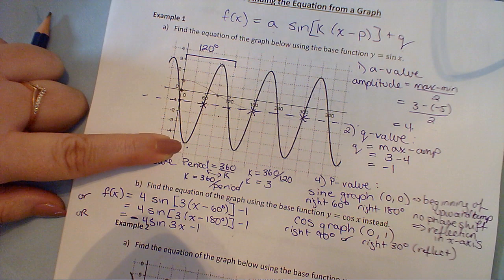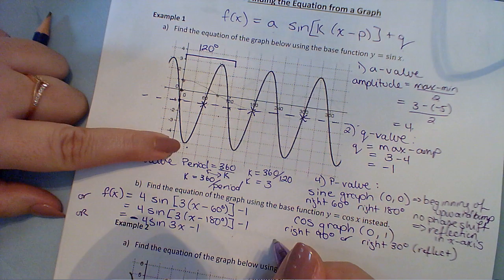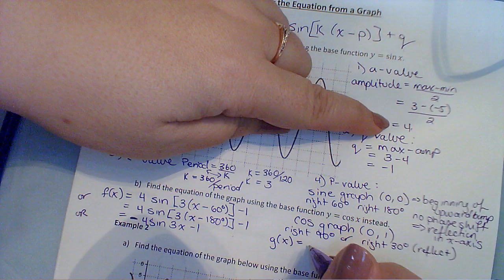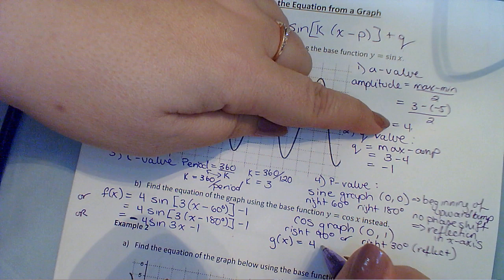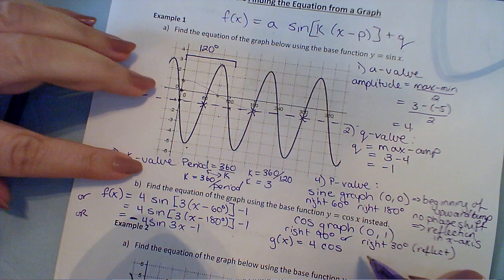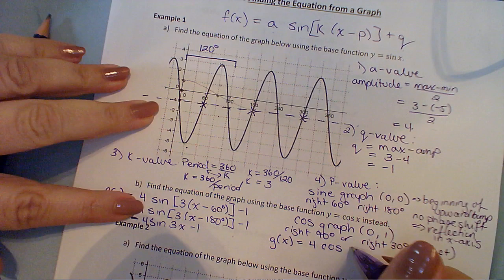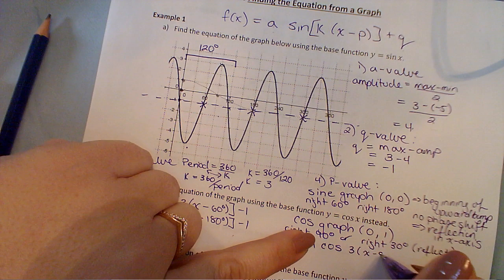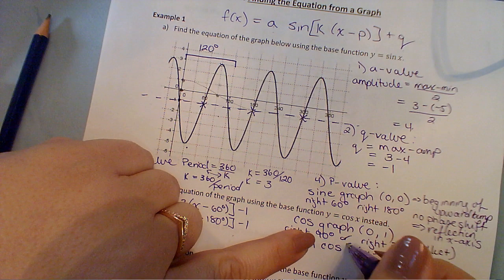So what would the situations look like? g of x equals, the amplitude would stay the same. This time we're going to use the word cos, not sine. And it's going to be a 3, then the bracket. Let's do right 90: x minus 90, and then minus 1.